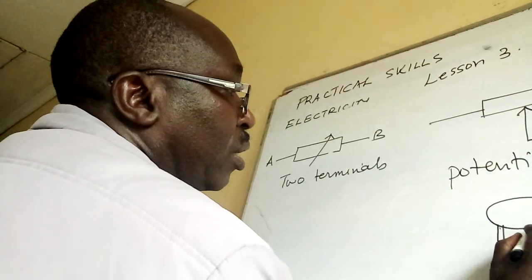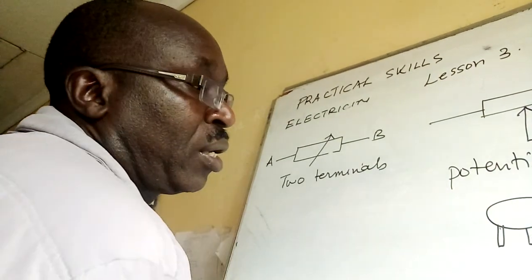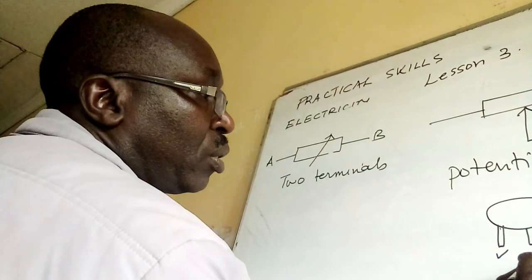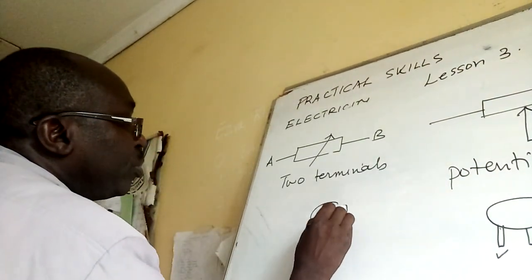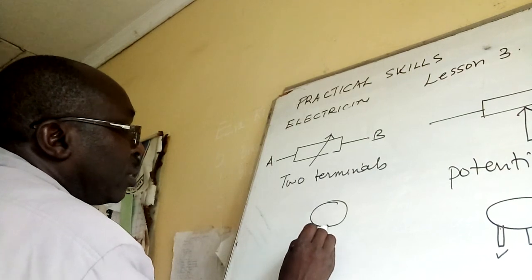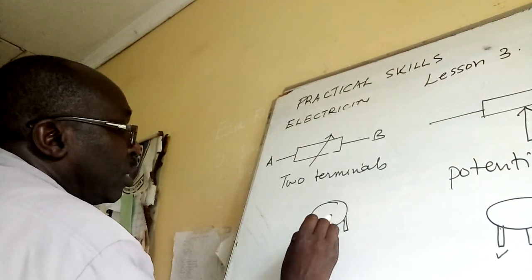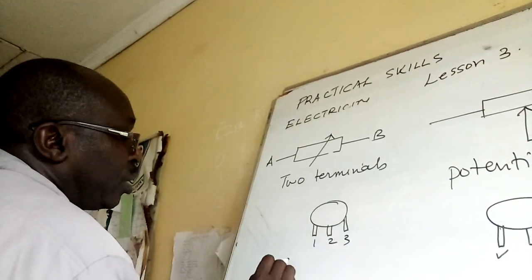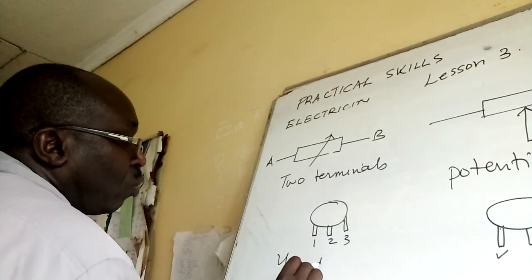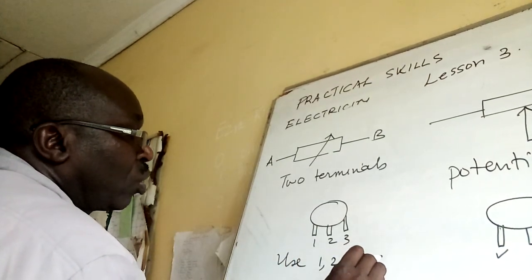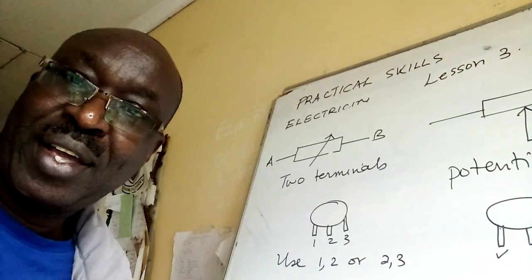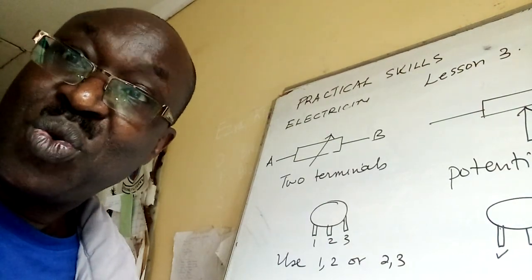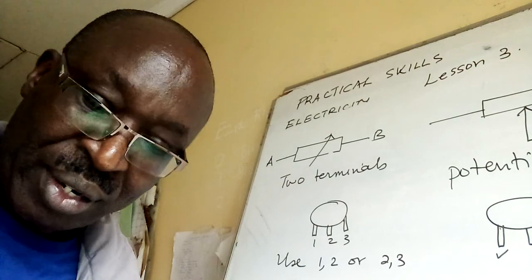So you will use 1, 2, 3 for a potentiometer. But if I'm using this as a variable resistor, use 1, 2 or 2, 3, and I will explain why.